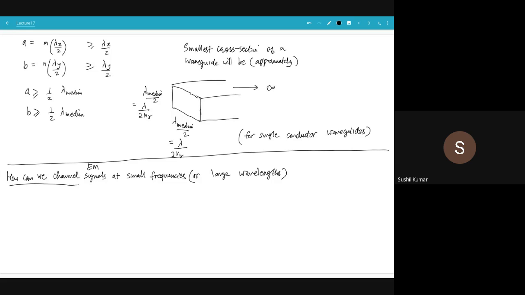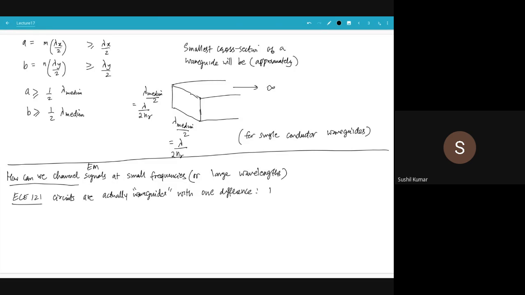If you release this limitation of a single conductor and make multiple conductors, you can have a waveguide whose dimension is smaller than the wavelength. So let me write it this way: ECE201 circuits are actually waveguides, or the wires are waveguides, with one difference.